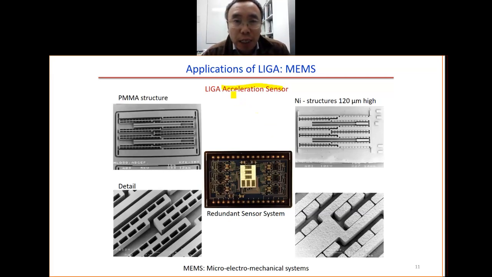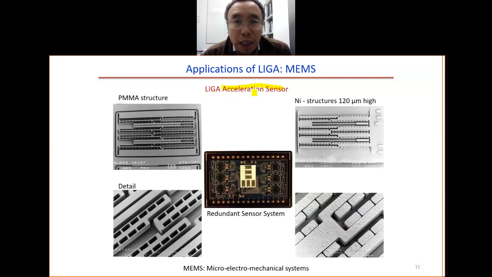We need an accelerometer to trigger the airbag. This is also used in the cell phone. When you flip the cell phone, the screen will also be flipped. This is done by the accelerometer. But actually today, accelerometers are only made from silicon, not from these structures, because silicon, we know, is easier to fabricate by the deep silicon etching process.